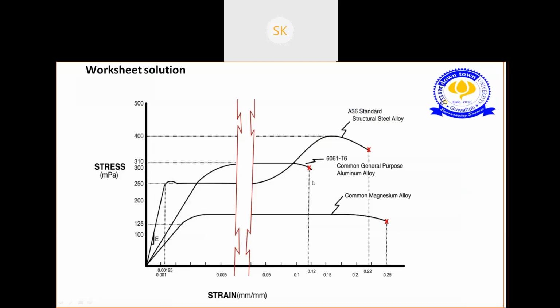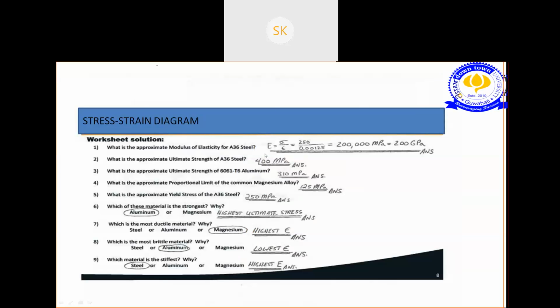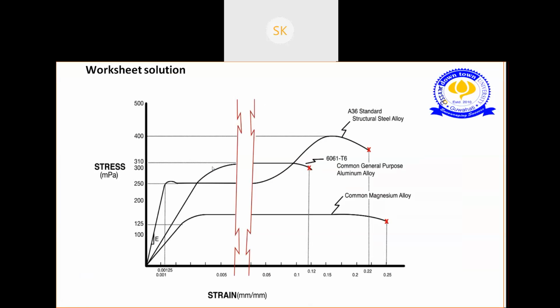See, what have they taken? This is 0.01. They have considered 0.02%. Mark the straight line here. They have taken an offset of this.